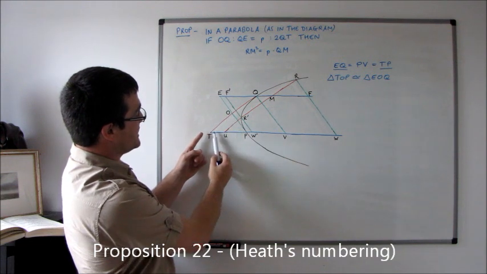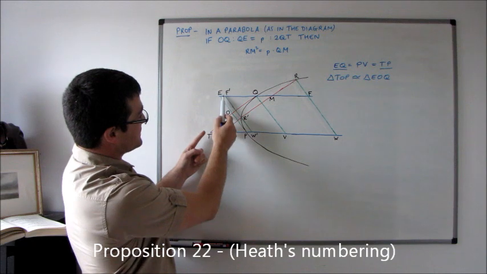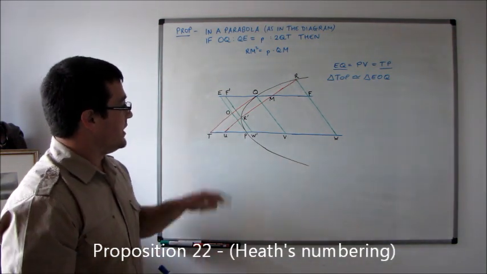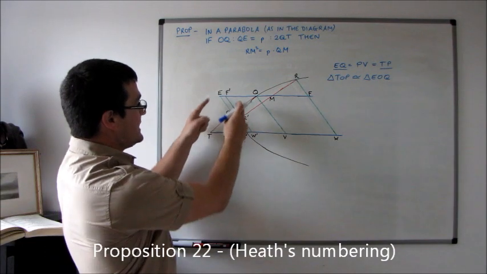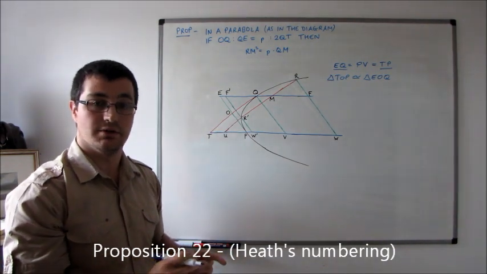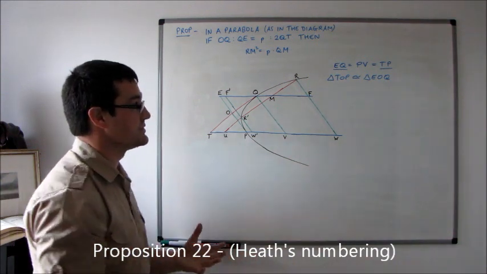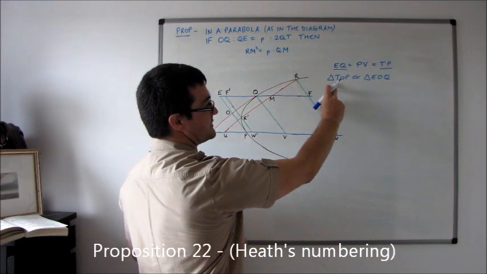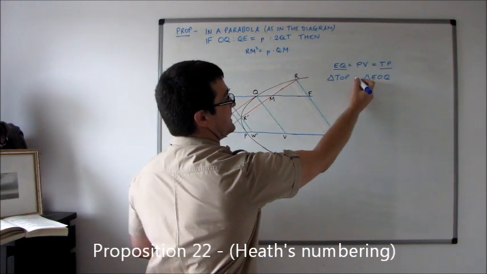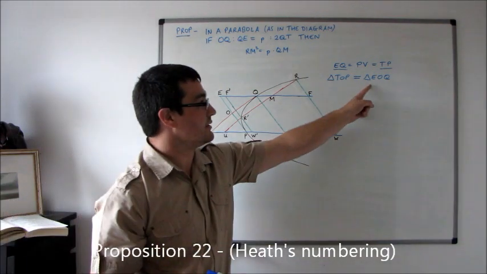These angles are going to be the same, these angles are going to be the same, and these angles here are going to be the same. So not only that, they've got equal bases. So that means that they must actually be congruent, and therefore the area of triangle TOP is equal to the area of triangle EOQ.